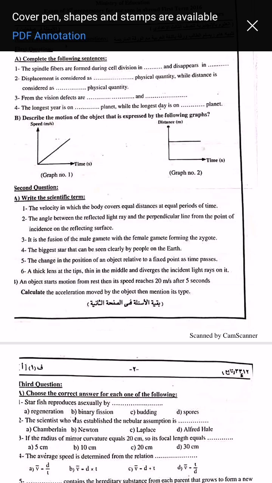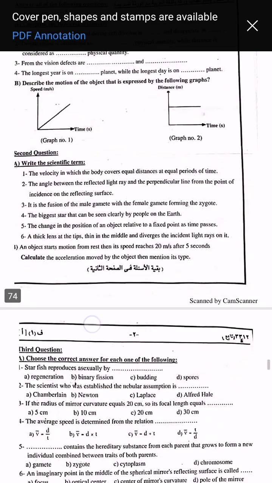So 20 over 5, the result will be 4 meter per second squared. The result is positive, so the result indicates the type of acceleration. The type of acceleration here is positive acceleration or increasing acceleration.